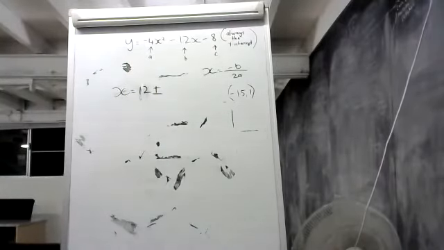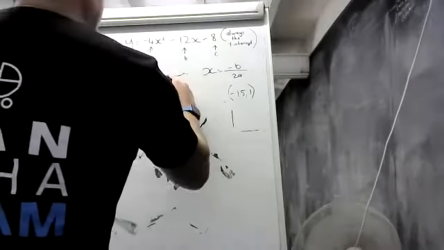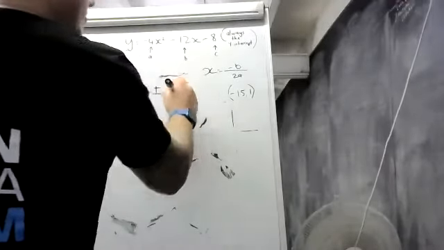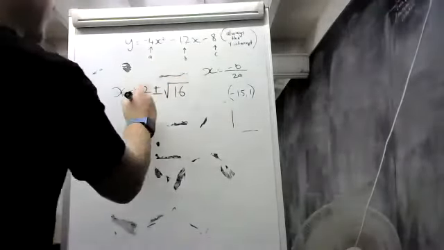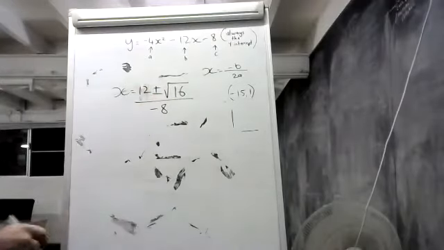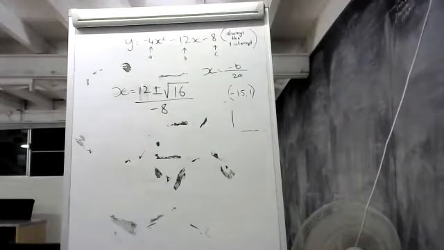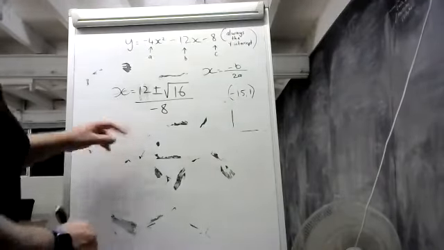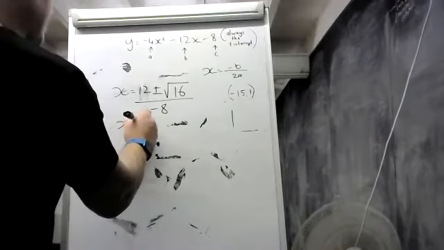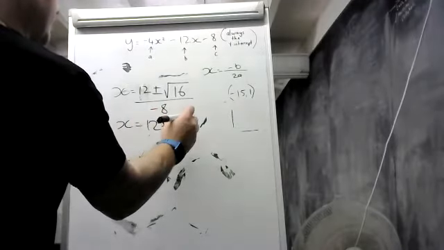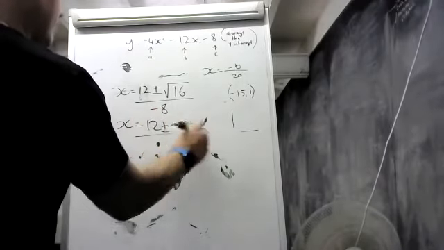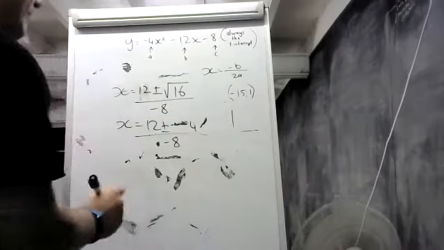So the reason that we have the plus and the minus sign, I could never remember the name for it, is because we need to find both of the x-intercepts. So here, we've effectively got 12 plus or minus 4 divided by minus 8.